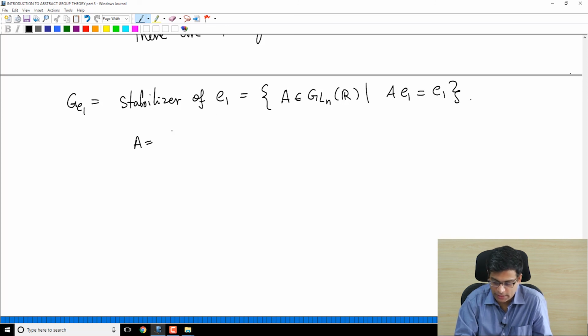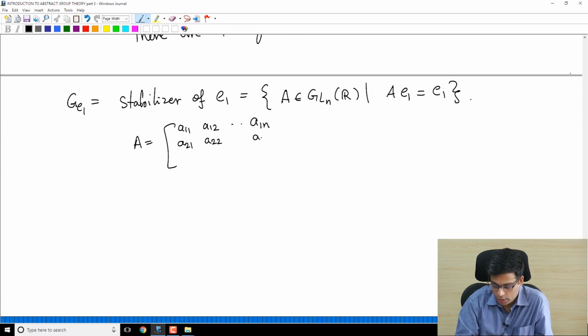Let's write a matrix like this. It's an n by n matrix, right? So the first row entries are a11, a12, up to a1n, then a21, a22, up to a2n. Finally, the last row is an1, an2, up to ann.